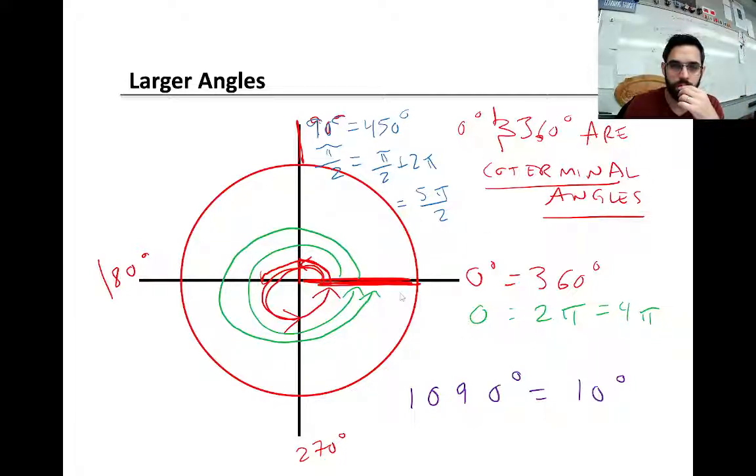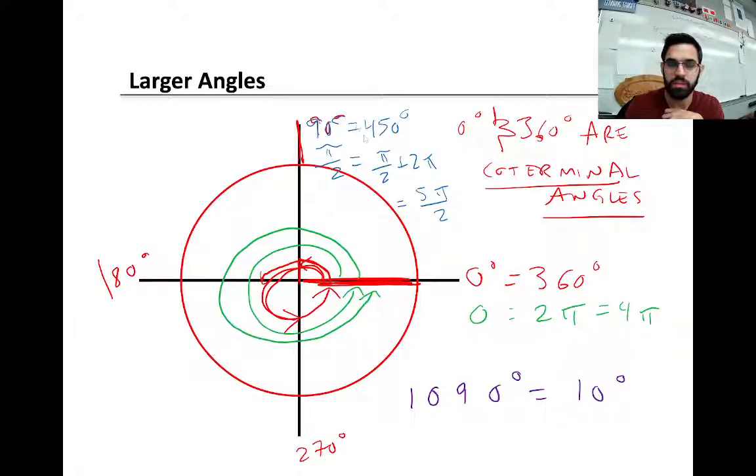If we add another 90 degrees to 360, we get back to our straight up position. 360 plus 90 is 450.